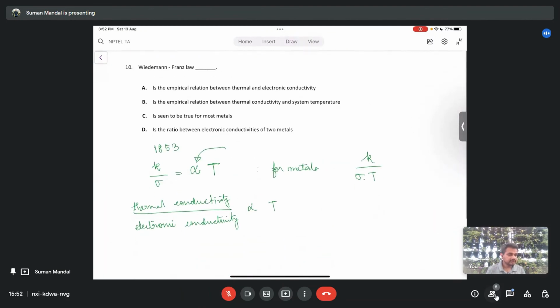So okay, now we'll answer this question. Wiedemann-Franz is the empirical law between thermal and electronic conductivity.